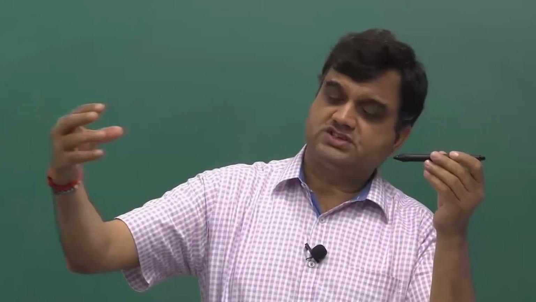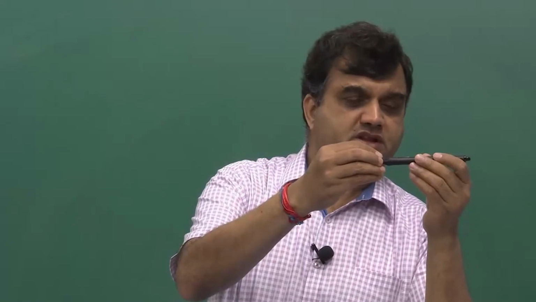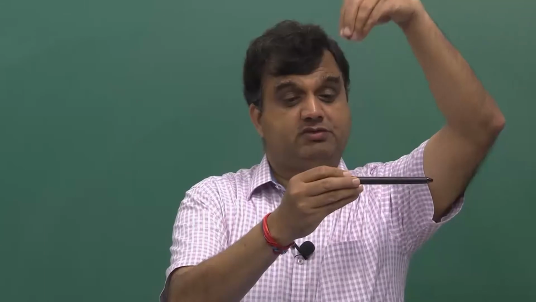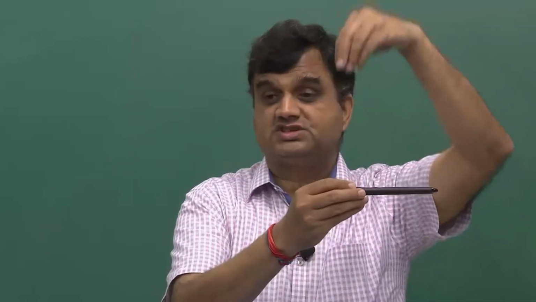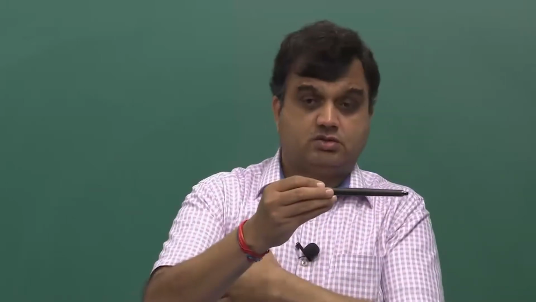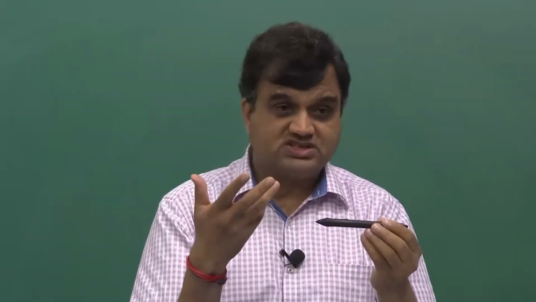If sound is coming from the front end, they will pick that sound very well. But if the noise is coming from this side, or from this side, they will not be sensitive to that sound. There is a lot of design which happens when people make microphones. So, this is known as the directionality of a microphone.